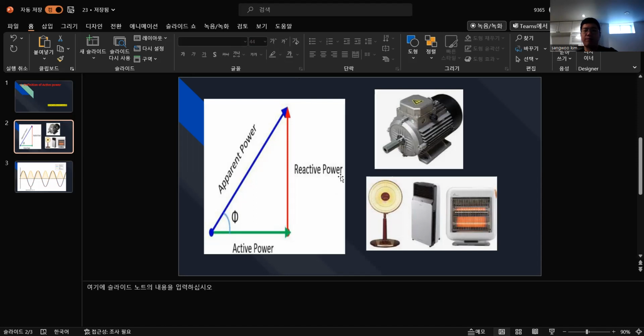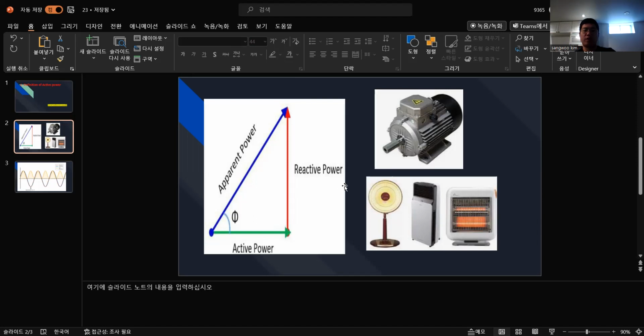First of all, active power, this P, we generally say P is actual usage. For example, in this picture, a motor or a heater using a resistor, right? Which means we actually use it, it's working and that it's gone.